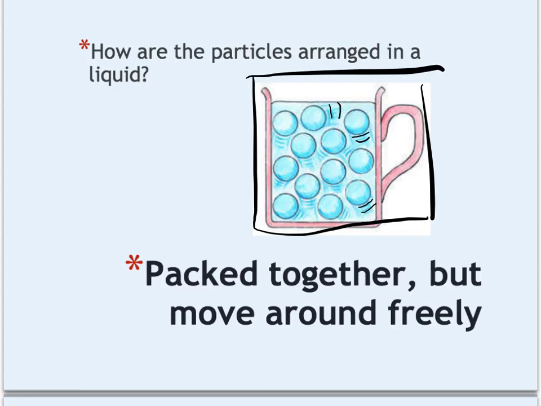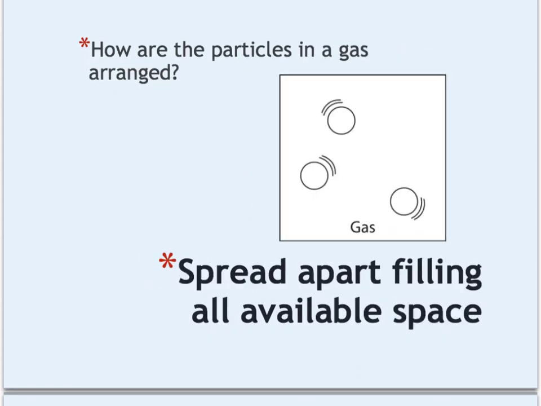You need to understand and give evidence as to what they are. They're packed together, but they move around freely, and that's what those marks are. Finally, here we have our gas, and you can see the amount of space between them is a lot more. There are fewer shown in the picture, and still the marks showing movement. These spread apart, filling all available space.